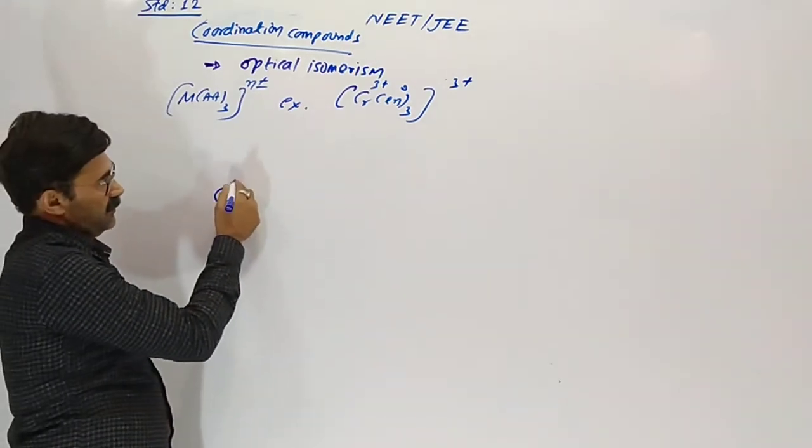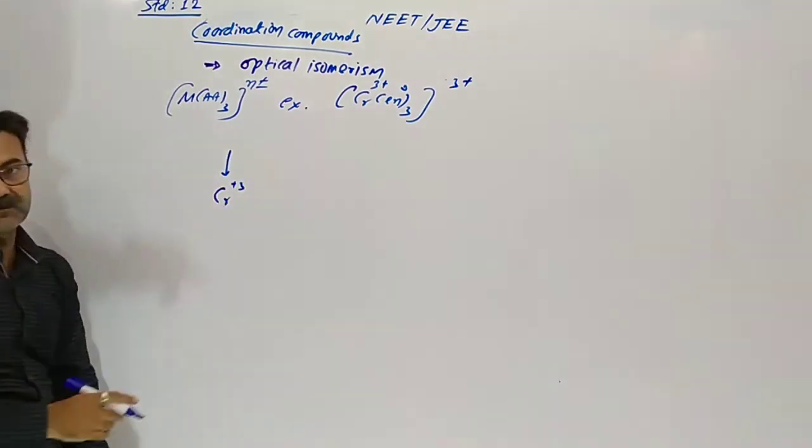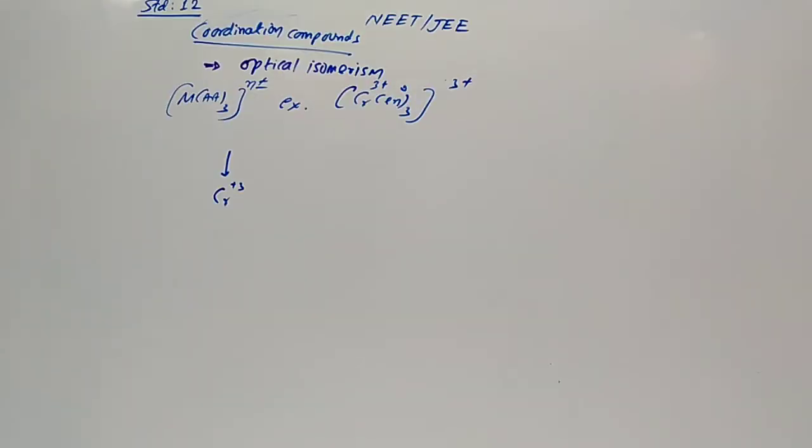So here one chromium is combining, and you can see one en forms a 2 coordinate covalent bond. So 2 will be 4 and 3 will be 6.